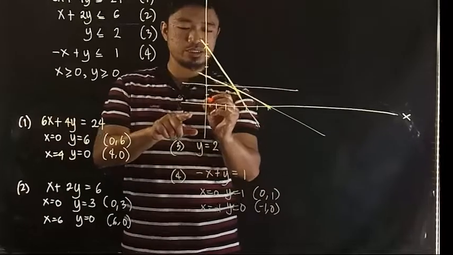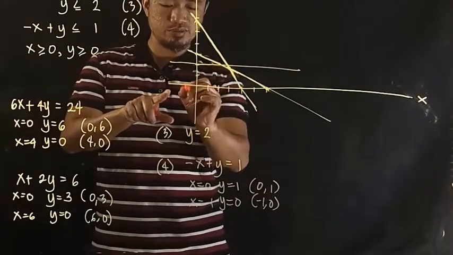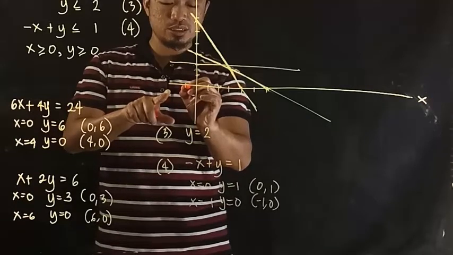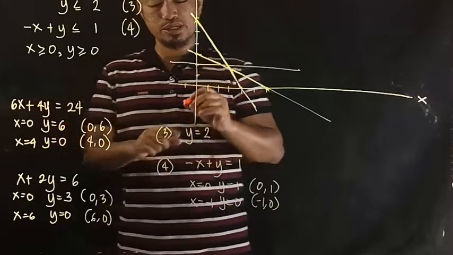So (0, 1) is this point, and negative 1 is here, and 0, y. The corresponding line is drawn.